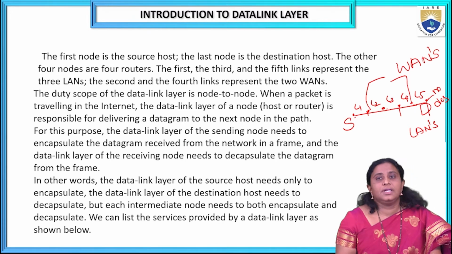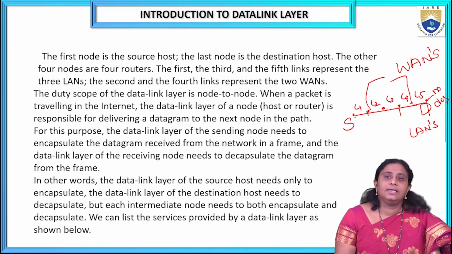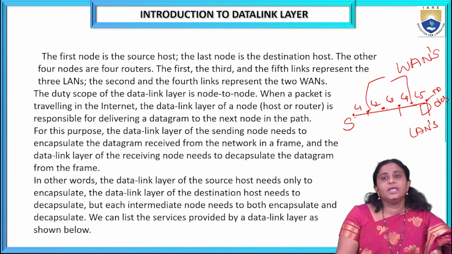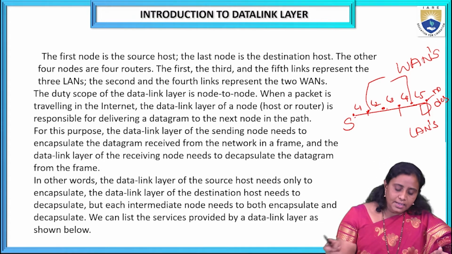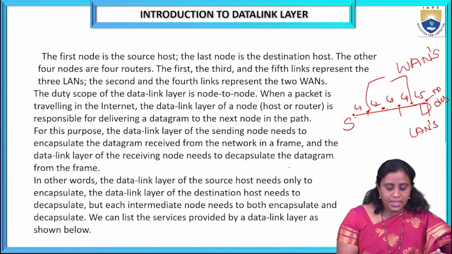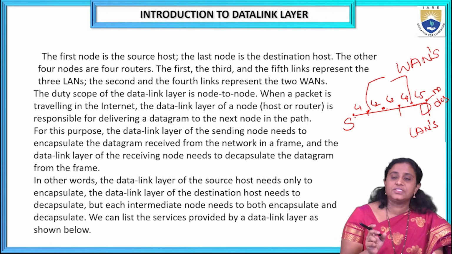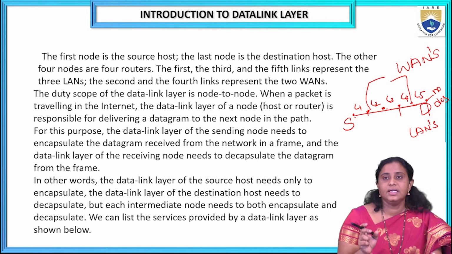For this purpose, the data link layer of the sending node needs to encapsulate the datagram received from the network in a frame, and the data link layer of the receiving node needs to decapsulate the datagram from the frame. Here we have to identify two terms.